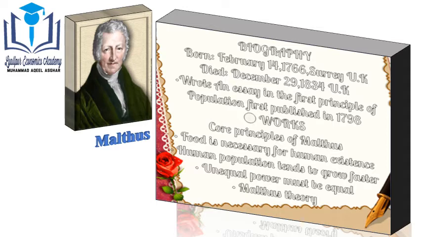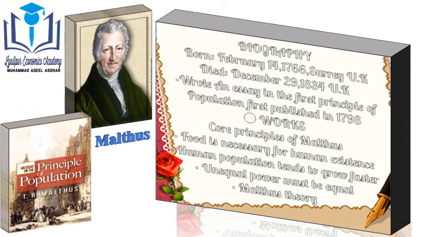The basic work is the principle of Malthus. Food is necessary for human existence. Human population tends to grow faster. Unequal power must be equal is the basic Malthus theory, in his book on the principle of population.